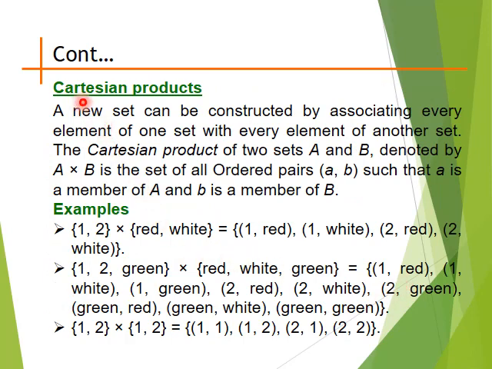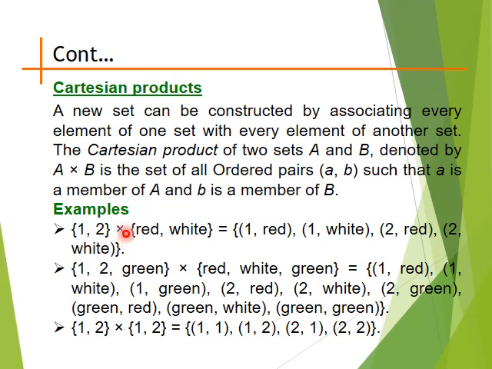Now let's define another concept related with sets, that is Cartesian products. A new set can be constructed by associating every element of one set with every element of another set. The Cartesian product of two sets A and B denoted by A cross B is the set of all ordered pairs A comma B such that A is a member of A and B is a member of B. तो जो ordered pair है उसमें जो पहला element है वो set A से है और दूसरा element set B से है.